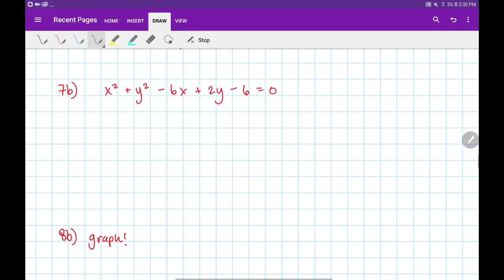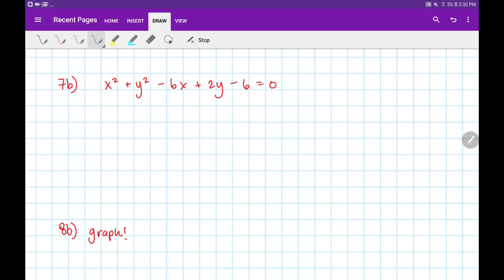Moving on to number 7, we group our x's first. So I get x squared minus 6x, leave a space. y squared plus 2y, leave a space. And I'll add the 6 to both sides to start. Next, I'll divide these by 2 to tell me what goes in my parentheses.